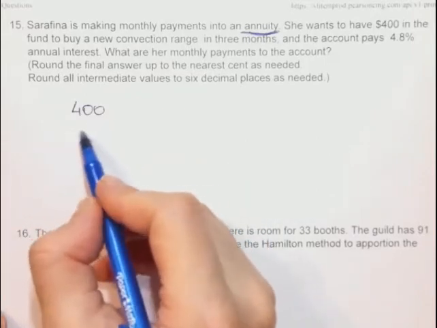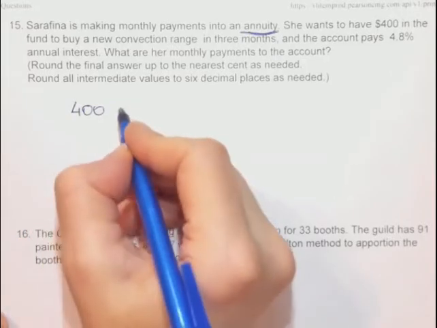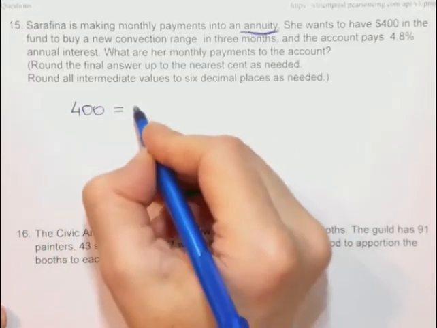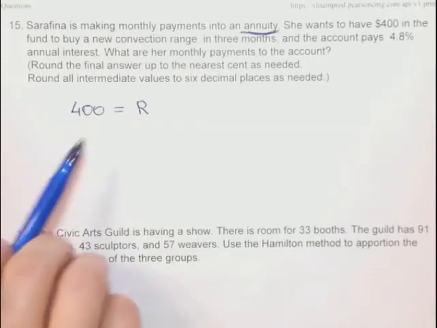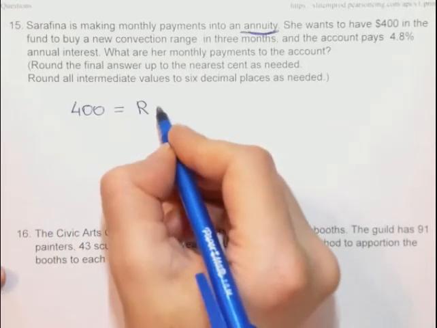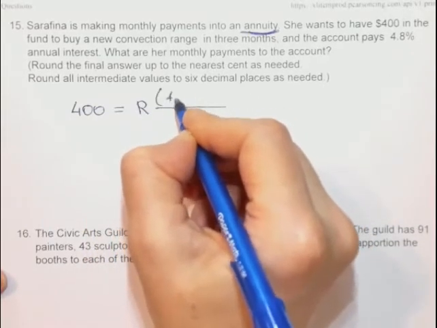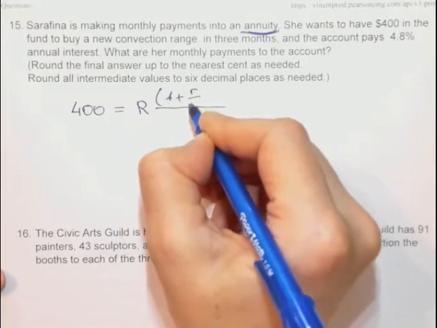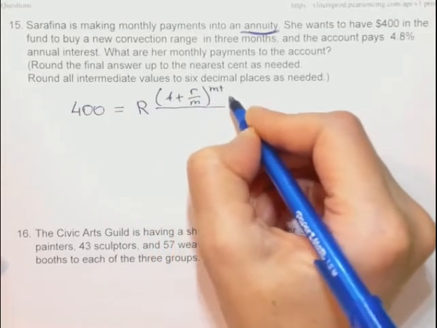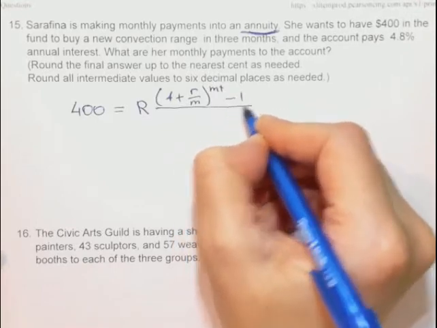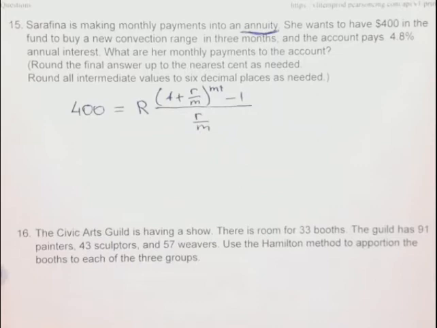The amount at the end of the series of payments is equal to regular payment multiplied by 1 plus R over M raised to the power MT minus 1, divided by R over M. This is the annuity.